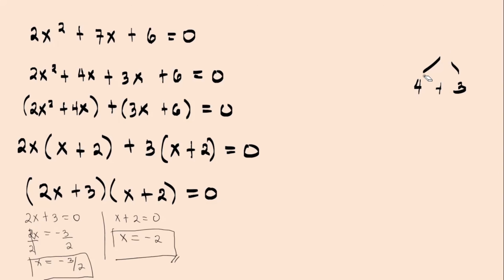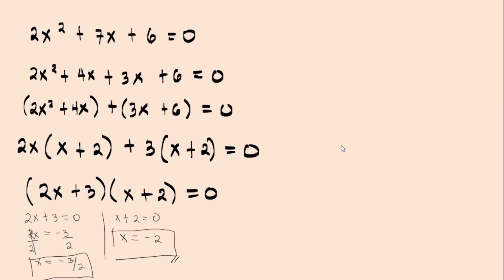Okay, so these are the solutions for this equation, which is 2x squared plus 7x plus 6 is equal to 0. So to check if your answer is correct, just substitute the value of your x sa ating given equation.